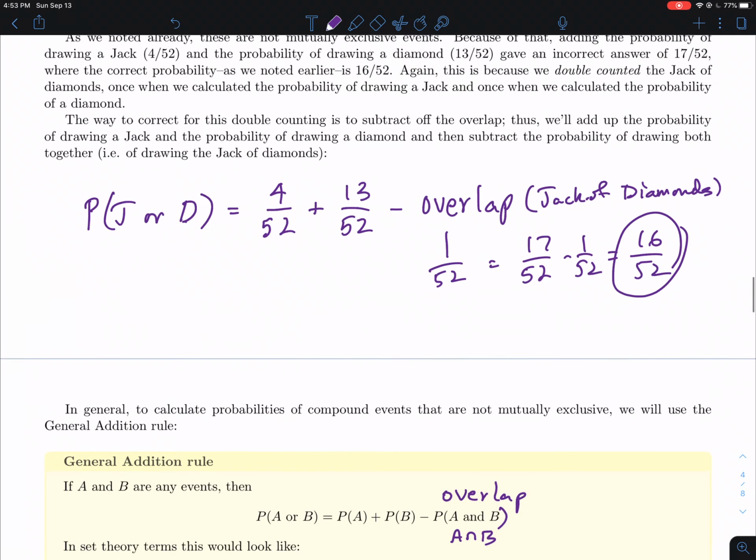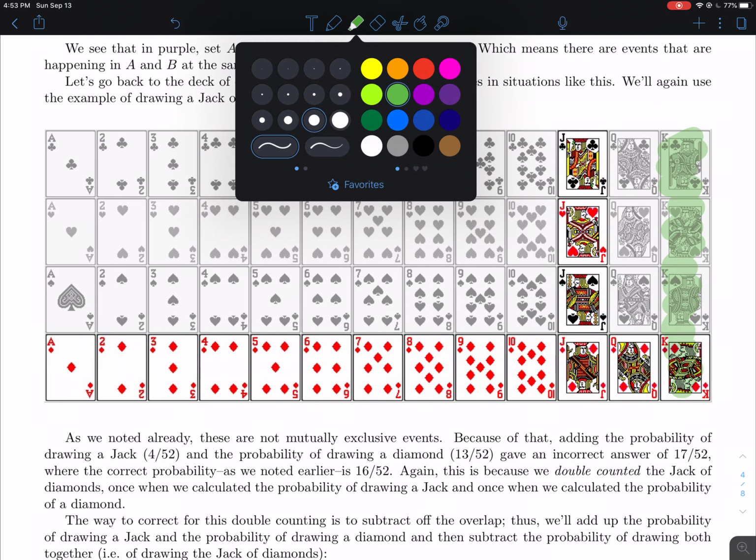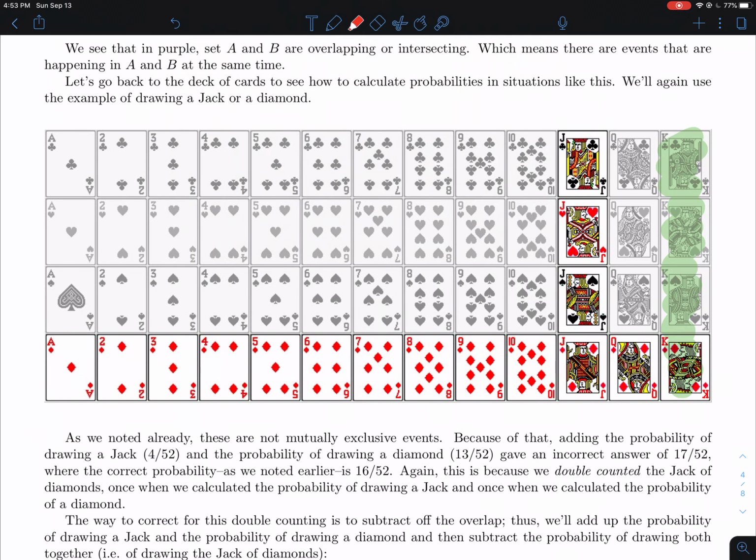So in this case, is there some overlap? Looking at the sample space a lot of times helps. So here are my kings, and they are all there. And then I'm going to draw the spades in red.